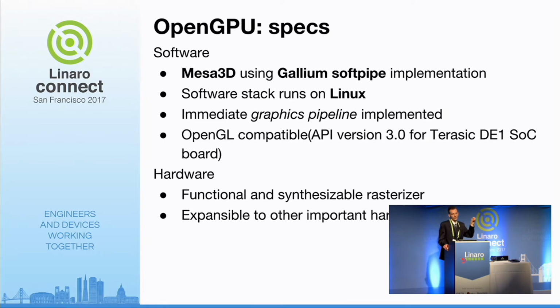You could just make the hardware and put it to run. So it is expandable to other important hardware parts, because I think that in the current stage, the most important thing is an environment to develop hardware and the software associated to it.